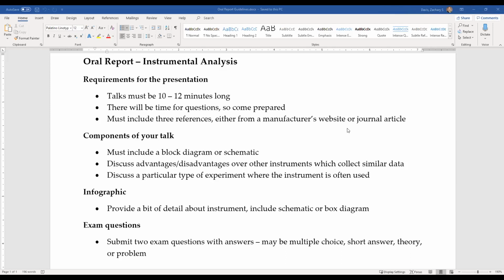Just a simple block diagram that shows the flow of whatever it is that's flowing. Today we're talking about the flow of light. When we talk about mass spec, we'll talk about the flow of ions. When we talk about NMR, we'll talk about the flow of radio signals. Whatever is flowing is what we want to watch through that block diagram.